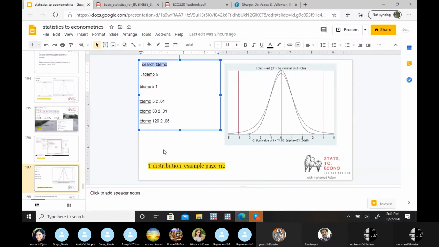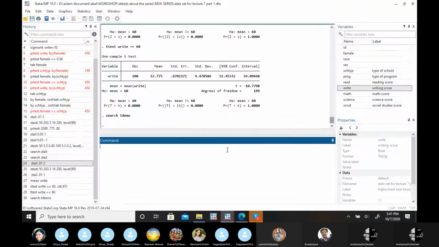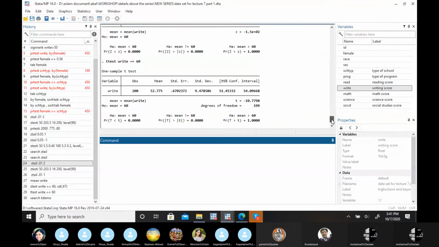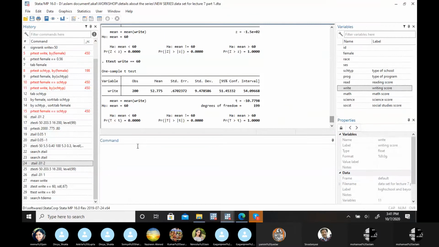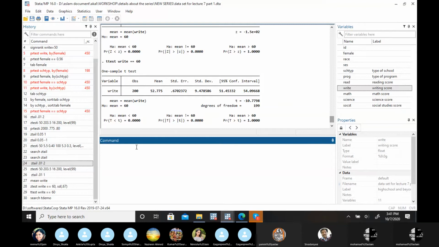So let's see the differences. First I'm going to take two tail. This is our Z: sample size of 200, 199 degrees of freedom, and we have selected 5% level of significance.